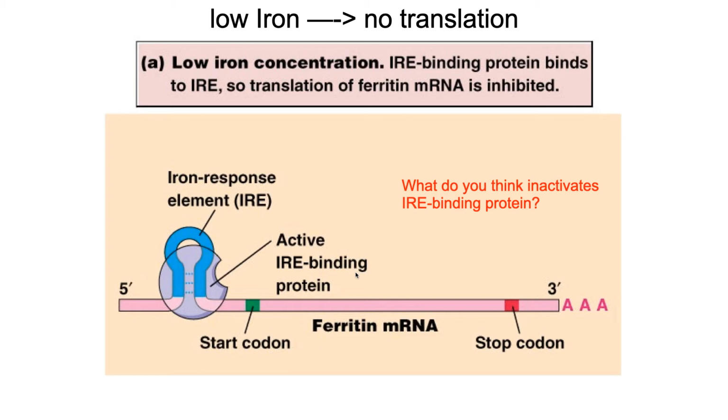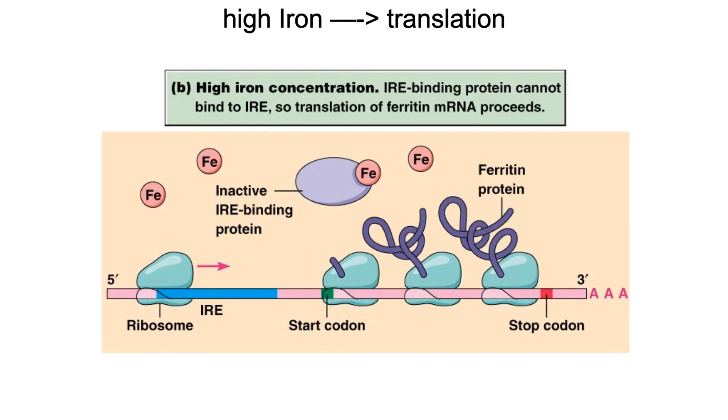So when the iron concentration increases within the cell, it's going to be more likely that iron is going to be bound to the regulatory site of this IRE binding protein. Iron is a regulatory inhibitor of this protein, so when iron increases in concentration within the cell, it will bind to that IRE binding protein.